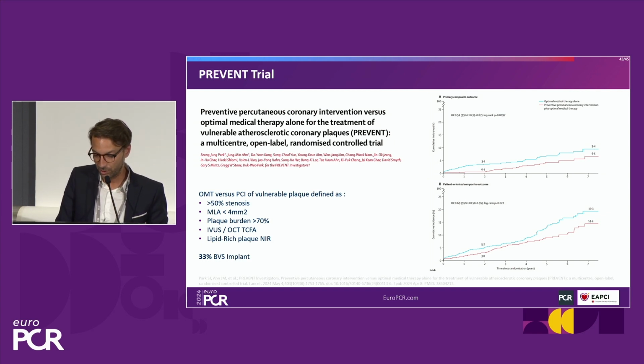Patients were randomized between optimized treatment only or optimized treatment plus preventive angioplasty. The angioplasty group had better outcomes, with a lower primary outcome rate. And as you can see, 1/3 of the patients had BVS implants.